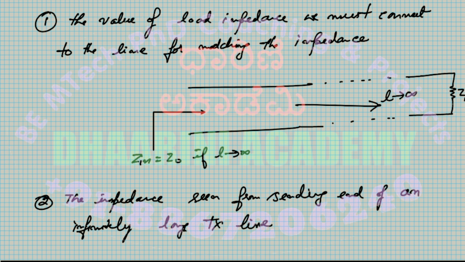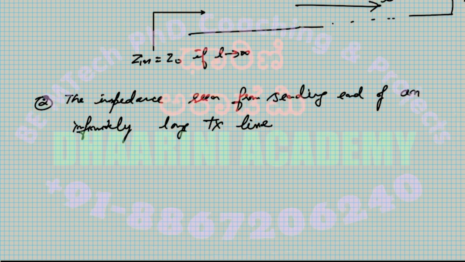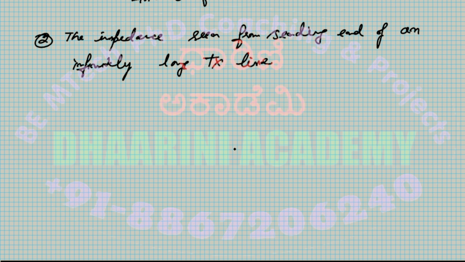So length is very large, already we mentioned. So also we can think that the impedance seen looking towards the load at any point on a matched transmission line, correct? Because if it is matched, then it doesn't matter, right? Anywhere you measure, it's the same. Only when you have a non-matching load.